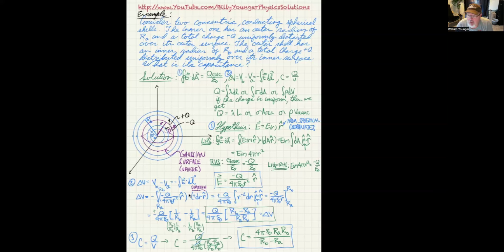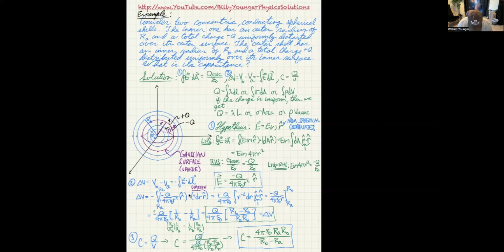Since there's nobody here, I'm not going to ask if anyone has questions, but this is the paradigm that I've been talking about. Step 1, using usually Gauss's law, but you could use Coulomb's law, to find the electric field between the negatively charged portion of the capacitor and the positively charged portion.